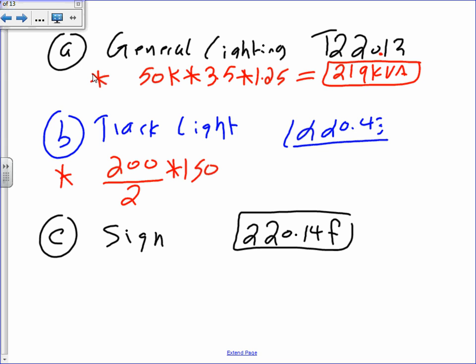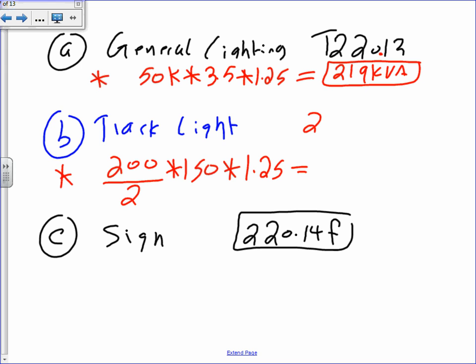And then, because it's continuous load, what do we do? Multiply it by 1.25. And this is coming from 220.43(B) for track lights. Let me just write this one here.